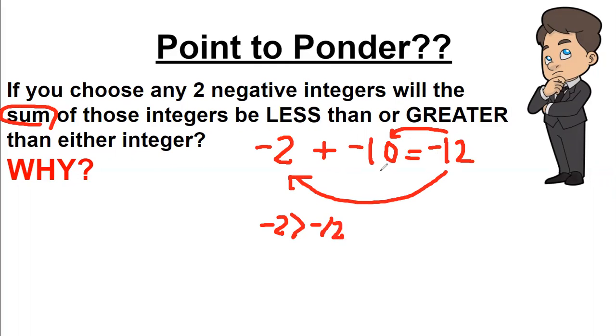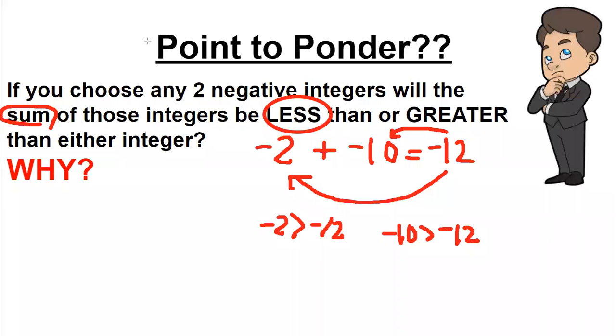It's still closer to 0, so negative 10 is greater than negative 12. So the sum of any two negative integers will always be less than either of the integers. Negative 12 will always be less than negative 2 and negative 10.